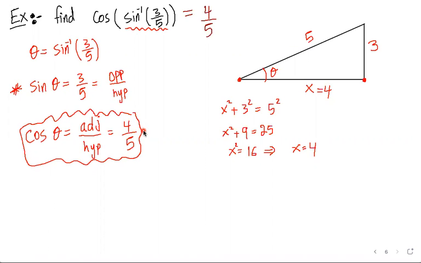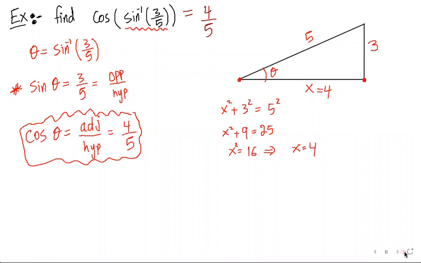Any question? If inside of cosine it was sine, or if it was sine of cosine inverse, the same idea applies. Can you give me the question, Chris? What is the question?